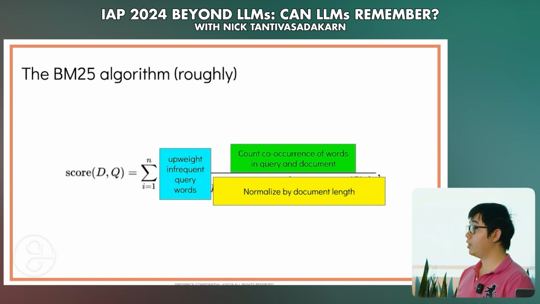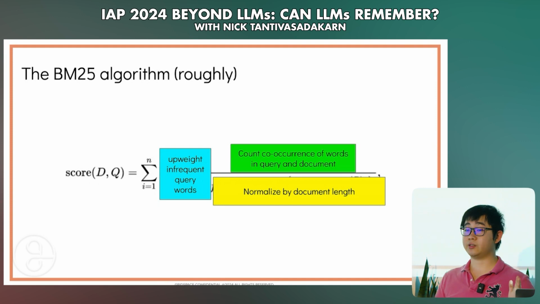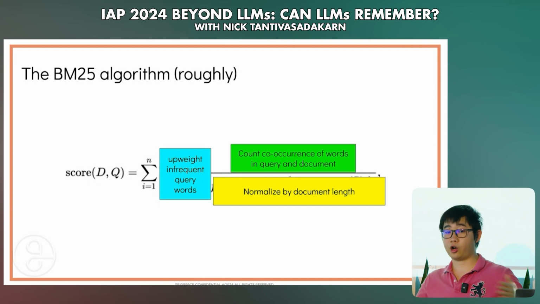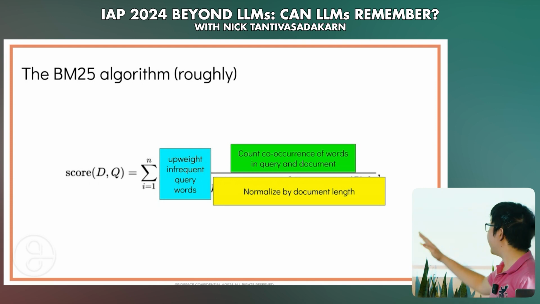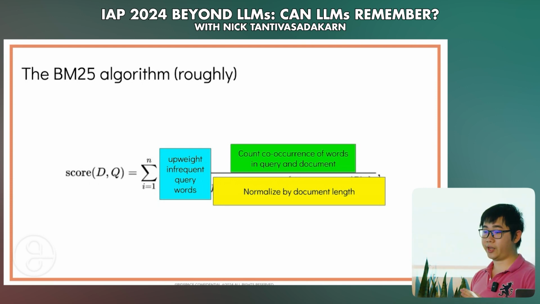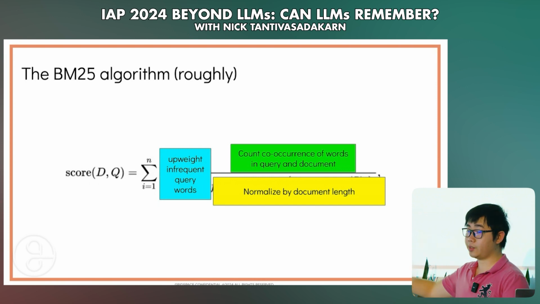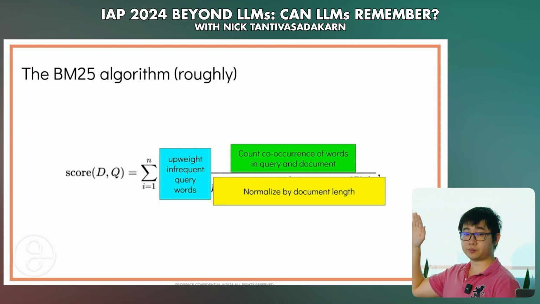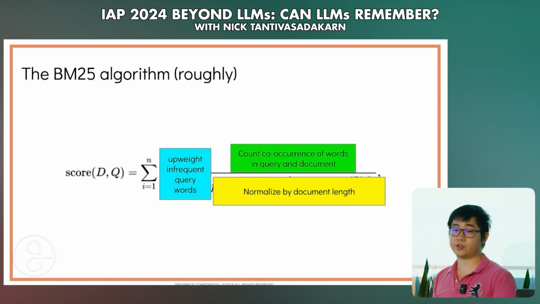Finally, to account for differences in text length, as longer documents tend to match more of the words by probability, we have a normalization term to make sure that the shorter documents also get their time to shine. Once we calculate the score of all these, we can have a ranking of which of the documents you want.